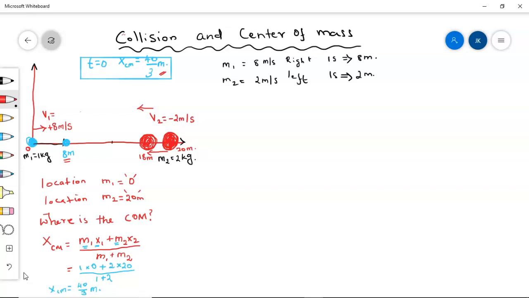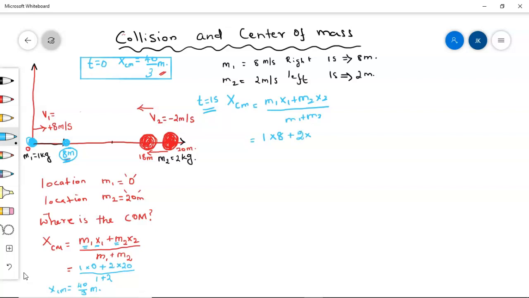How can we find it? We have the same formula, which we already used. Center of mass after 1 second is m1 x1 plus m2 x2 divided by m1 plus m2. The mass of the first object is 1, and its location now is 8 meters from the origin, plus the mass of the second object, 2.